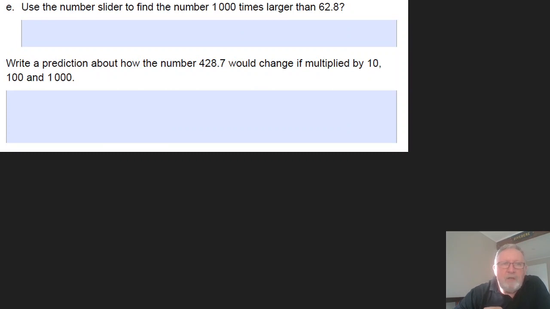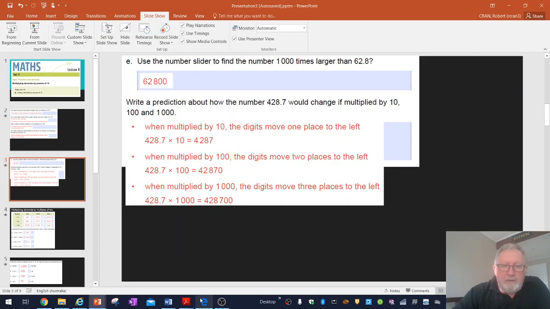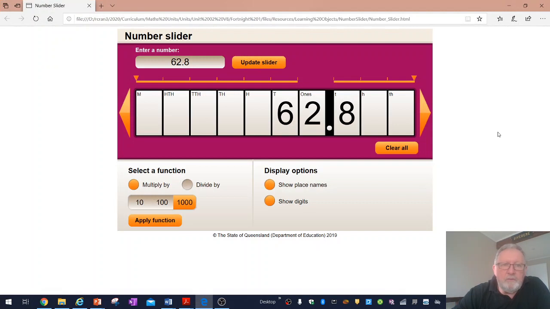All right, so I'm going to use the number slider again just to give you a reminder, but this time we're involving decimals. So we're going to use the number slider to find the number 1,000 times bigger than 62 8/10. So I'll pull up the number slider, and there you go, I've got it already.